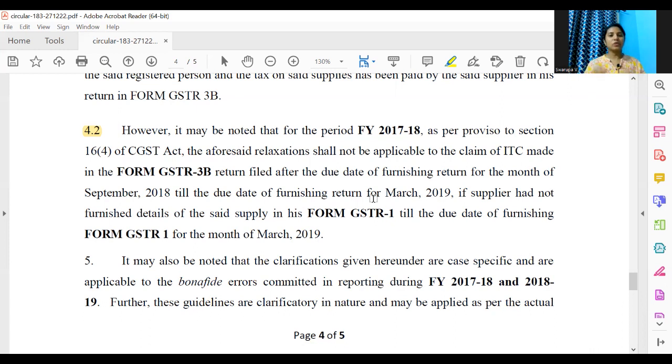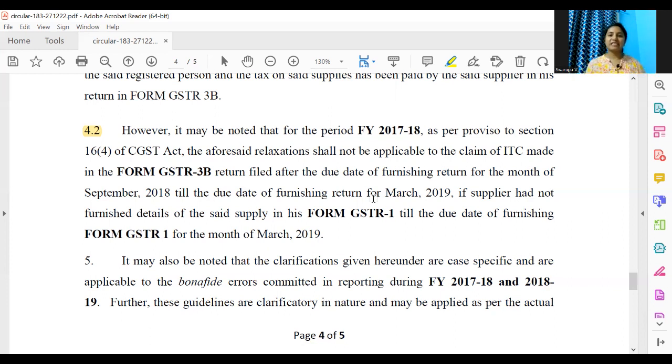So, this circular does not supersede that provision, and hence for credit availed in the returns post September 18 to March 19, if any credit is availed pertaining to 17-18, that credit can be availed only if the corresponding supplier has furnished the details in his GSTR 1.